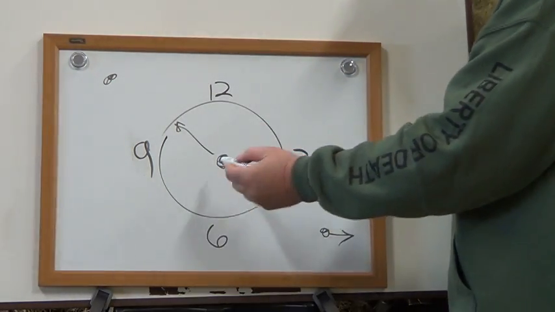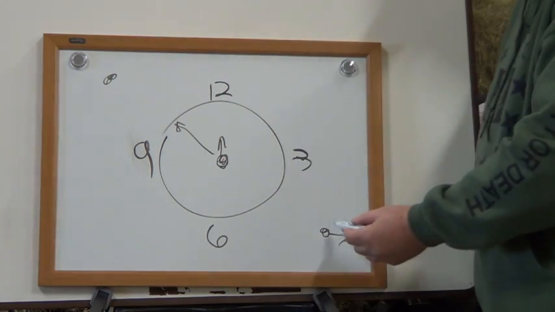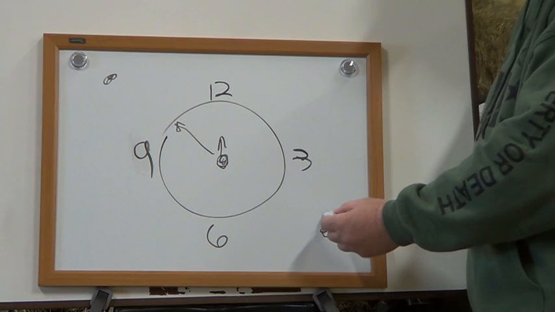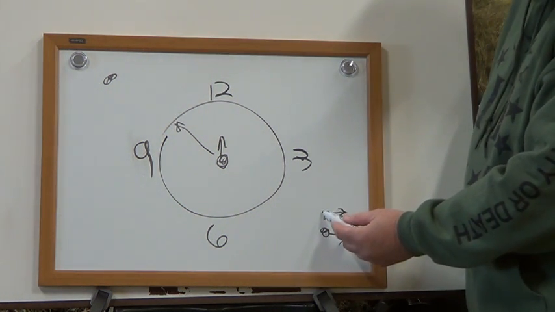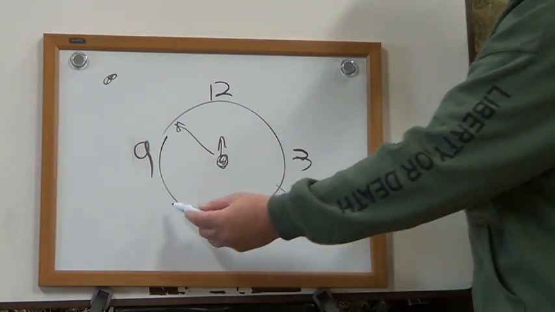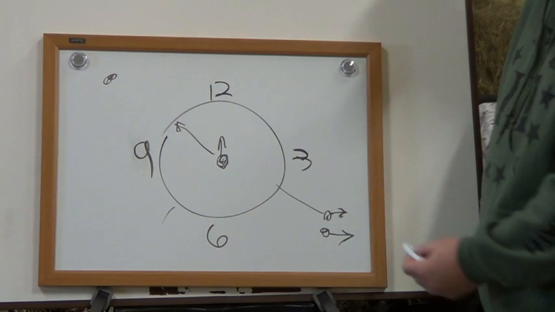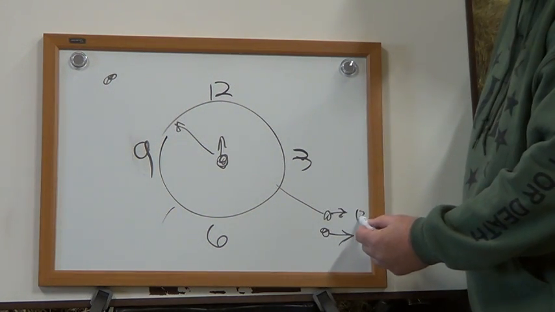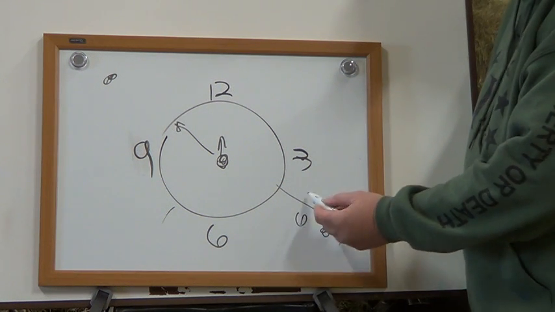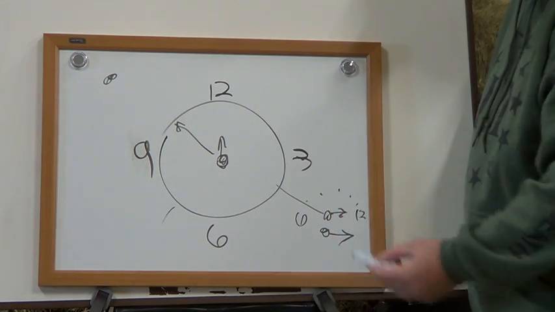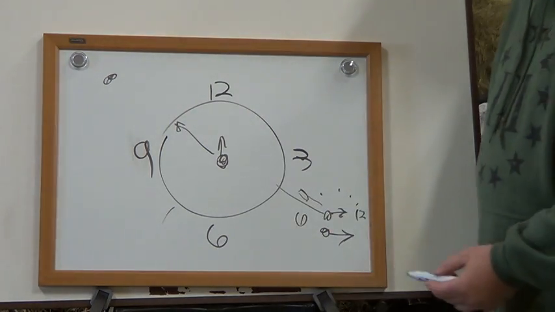I tell him that because I know he's facing this way, which is 12 o'clock. If I was telling somebody facing the same direction as me where that object was, it would be in this area at 7 or 8 o'clock. Since this would be our 12 o'clock where we're facing, behind us would be 6, and then 7, 8, 9, 10, 11. So that direction would probably be 7 o'clock.